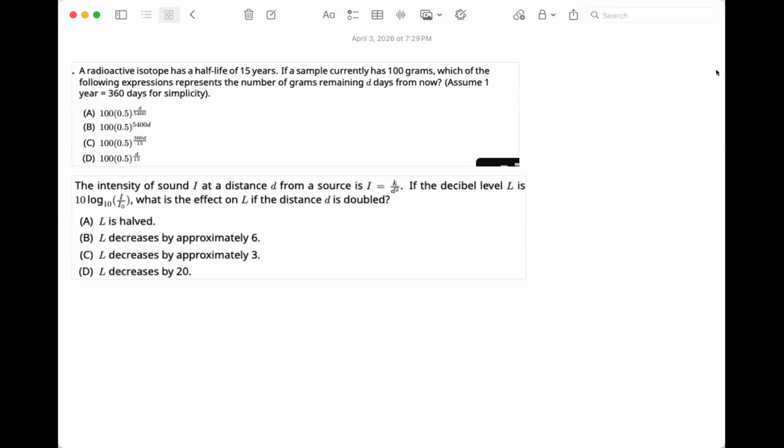The intensity of sound I at a distance d from source is I equal to k by d square. If the decibel level L is this, what is the effect on L when the distance is doubled?